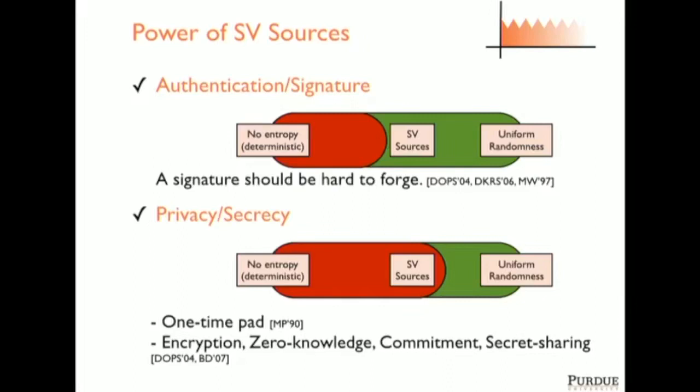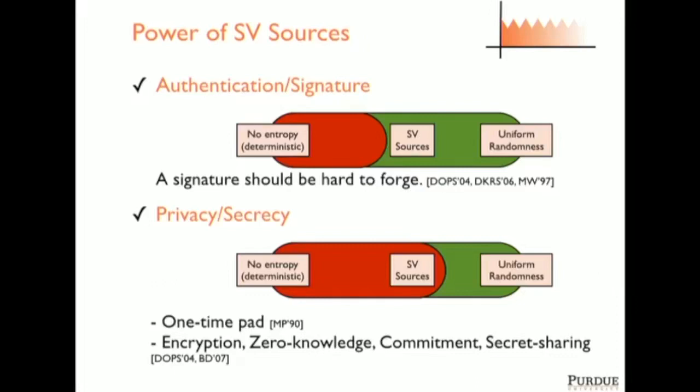However, when we want a privacy guarantee, an indistinguishability kind of guarantee, as it turns out there are impossibility results showing that given any SV source, I will be able to find a protocol or a situation where we cannot achieve the indistinguishability notion that we want for our messages.